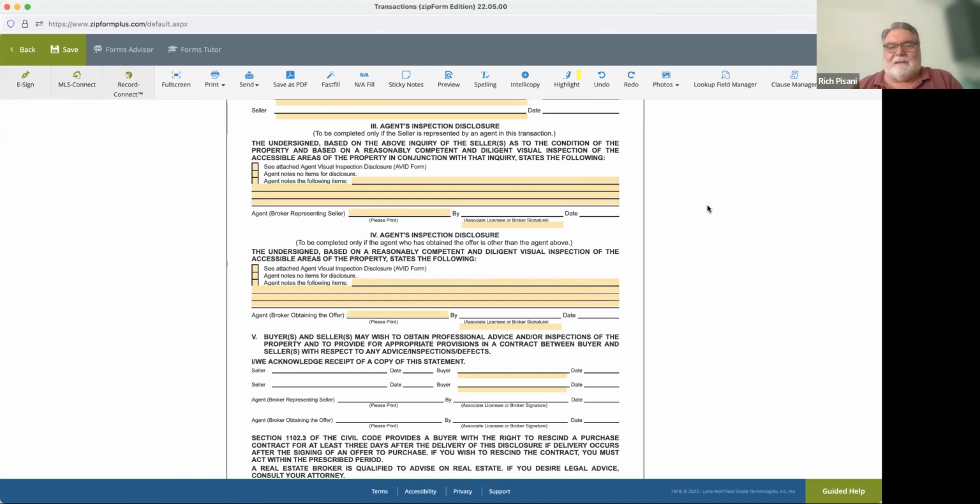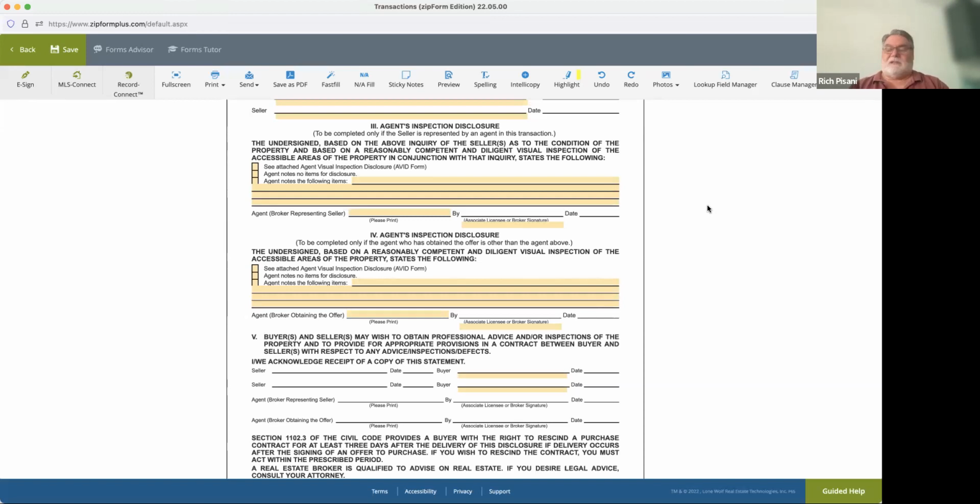So what does that mean? It means that once the buyer sees your AVID, even if they've removed all their contingencies, if they don't like something on your AVID, they can rescind the sale within 5 days. They can get out of it because this is statutorily required. The TDS is statutorily required, and the agent must do a visual inspection.